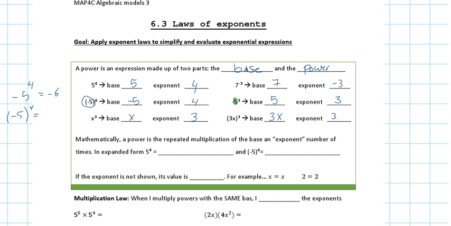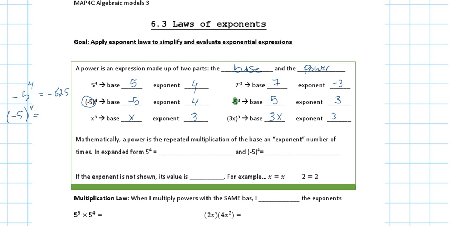Is that right? 625? What's 25 times 25? That's 625. Now, for the second one, it's going to be negative 5 to the power of 4. That's going to be positive 625, right?